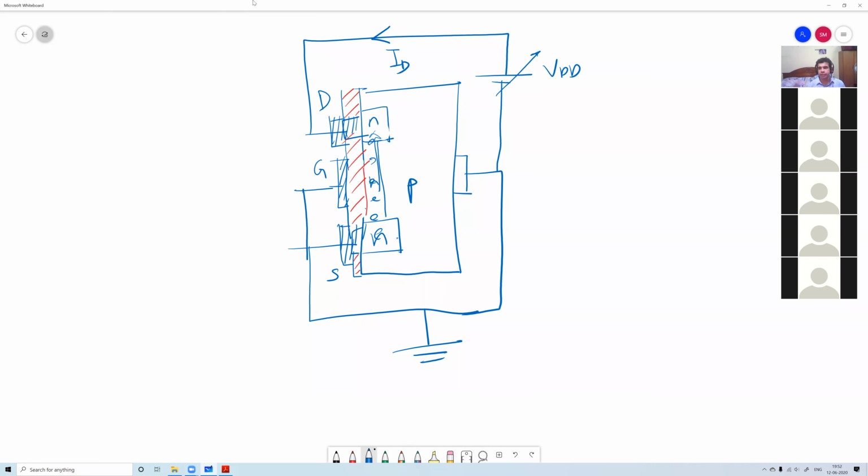So when all the terminals except the drain are grounded, and at the drain we apply a positive voltage, for a depletion type MOSFET there will be a flow of current, just like the JFET. Although the structure of a JFET and a DMOSFET is totally different, the characteristics are the same. That's fine. Okay. So far, okay.